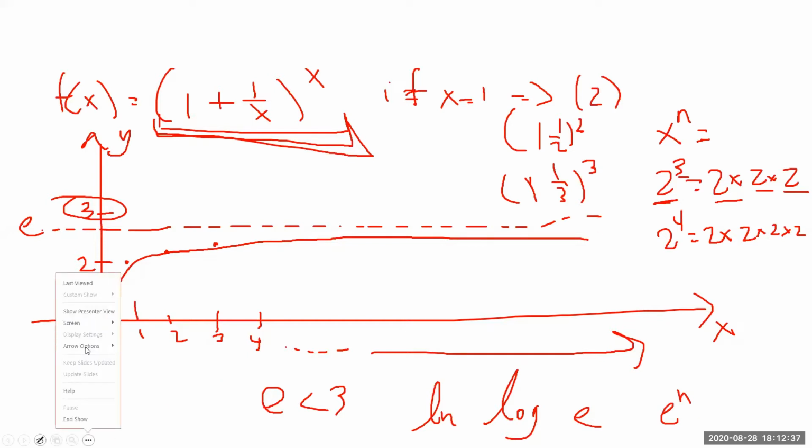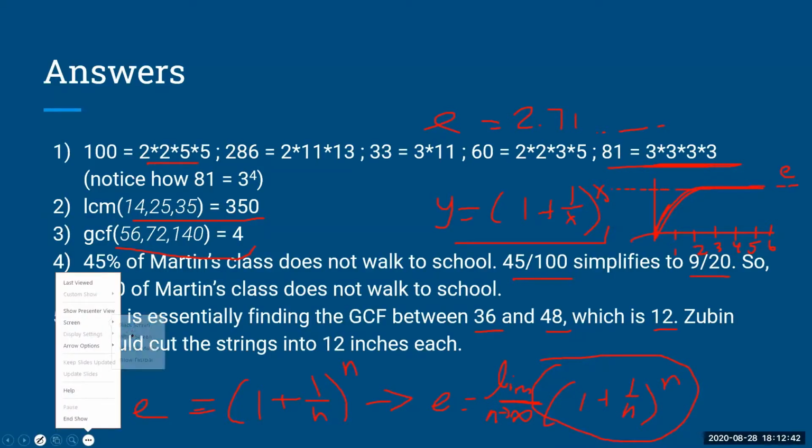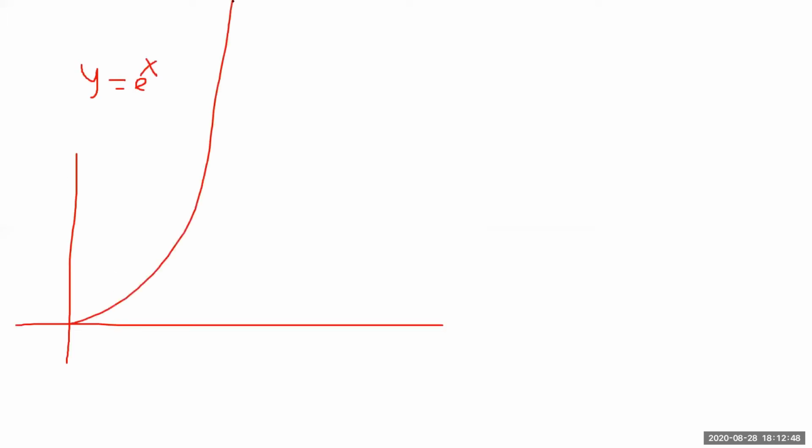So if I wanted to show you y equals e to the x power, it gets big fast. It goes like that. That thing goes big really fast. So this is 2.7, this is e right here, because this is 1.